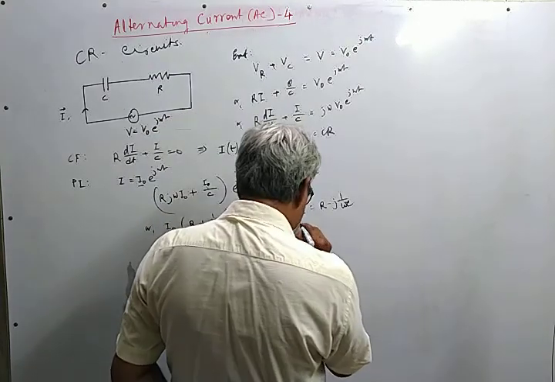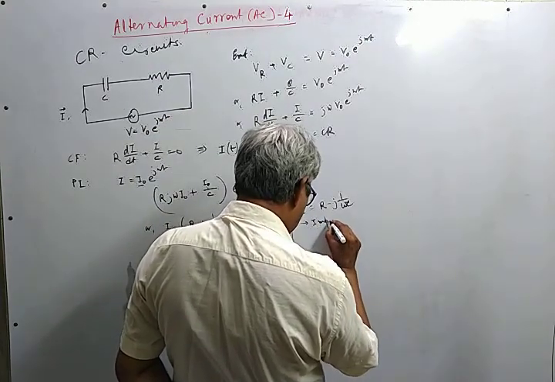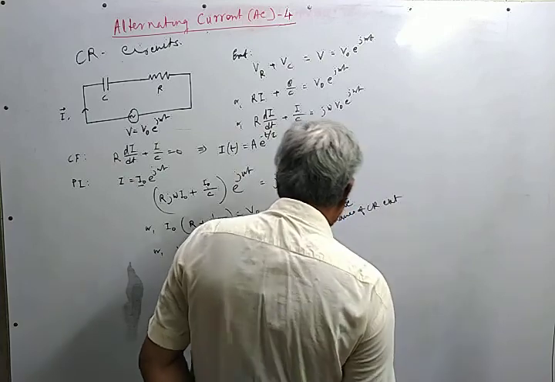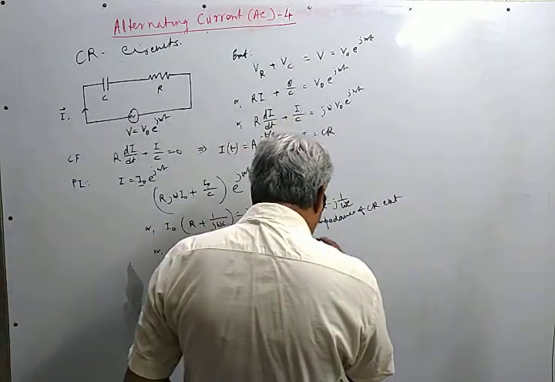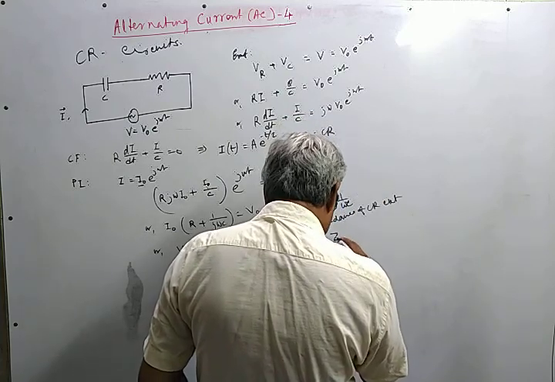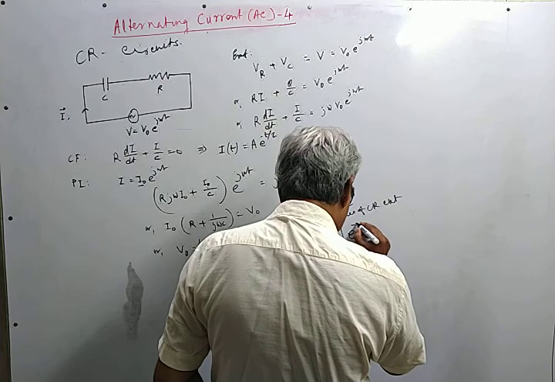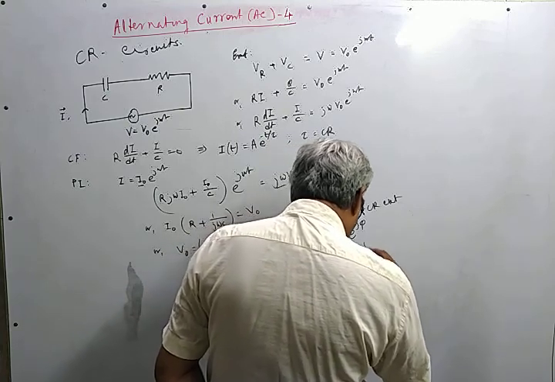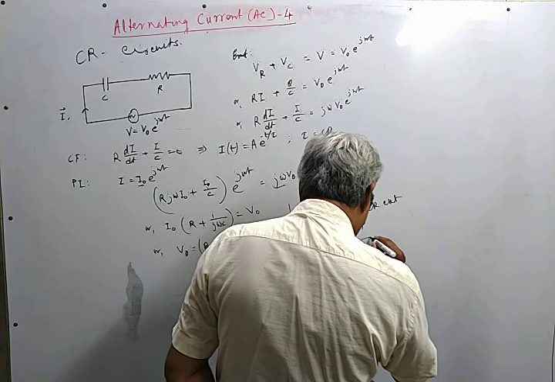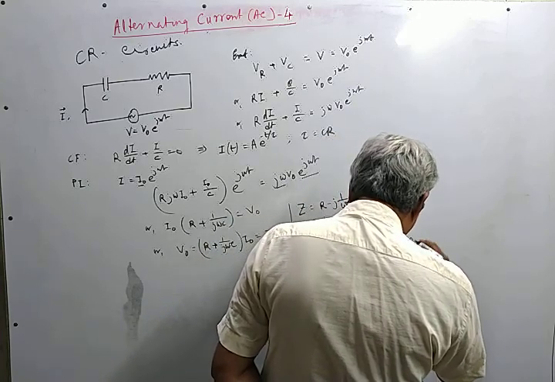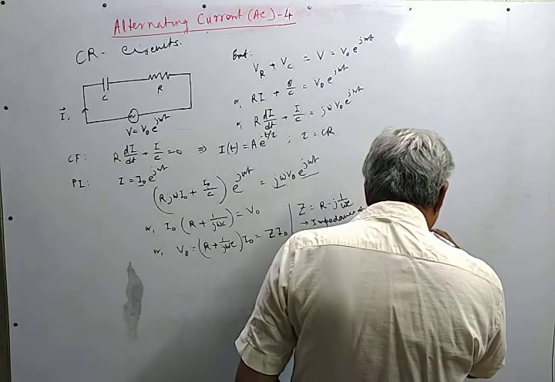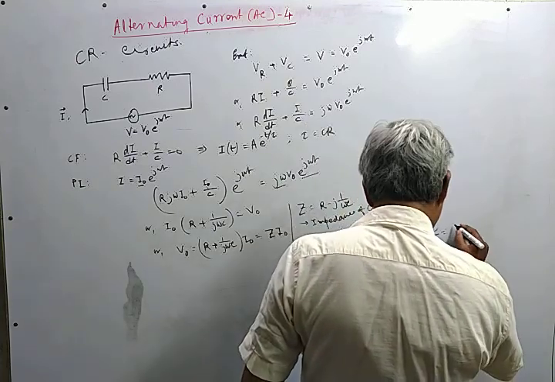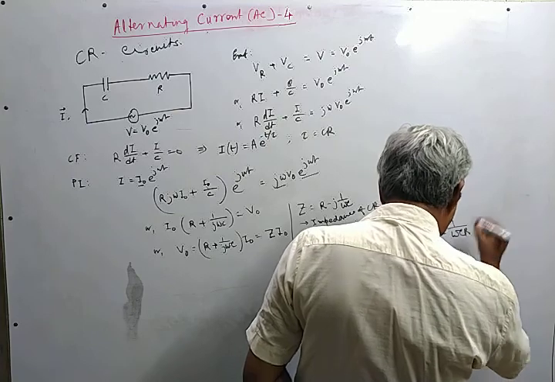This is the impedance of the CR circuit, the complex impedance, which we can write as mod Z times e to the power minus j phi, where Z is defined as the square root of R square plus 1 upon omega square C square, and tan phi is equal to 1 upon omega C by R, which is equal to 1 upon omega CR.